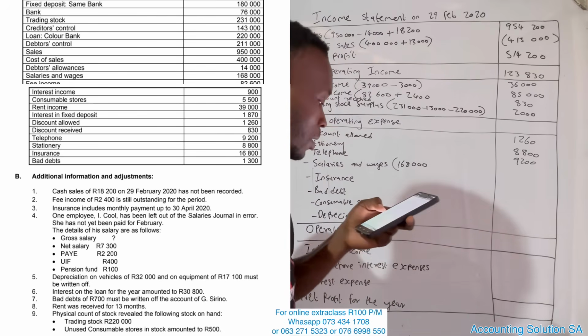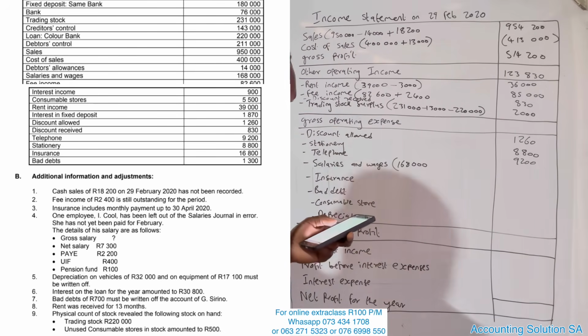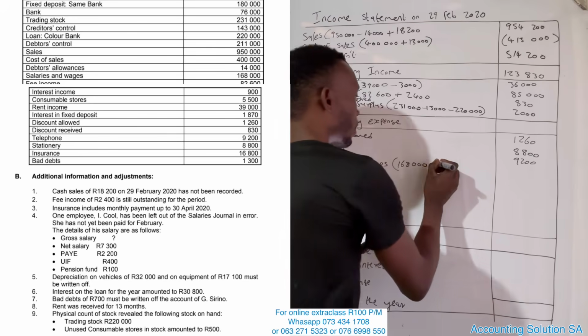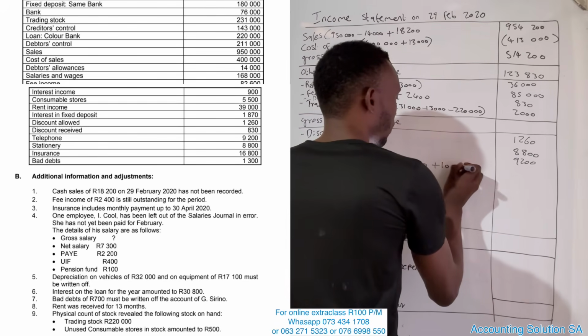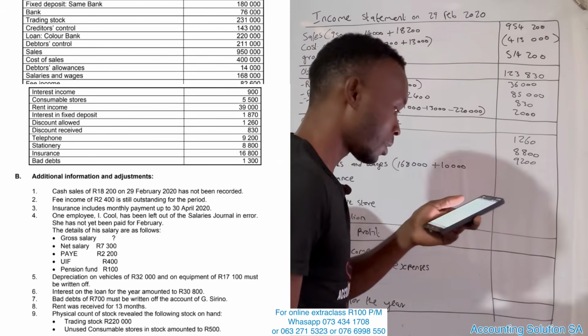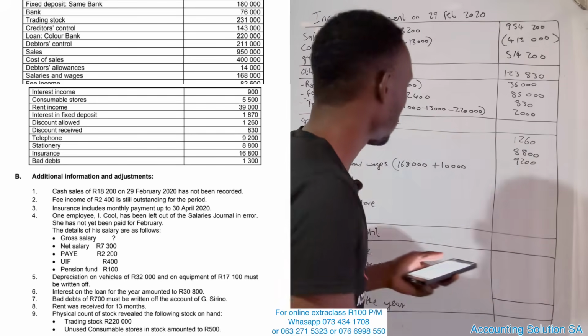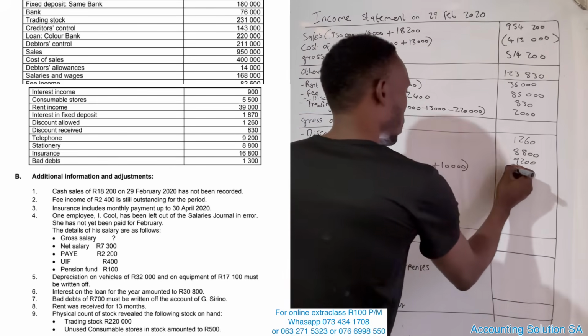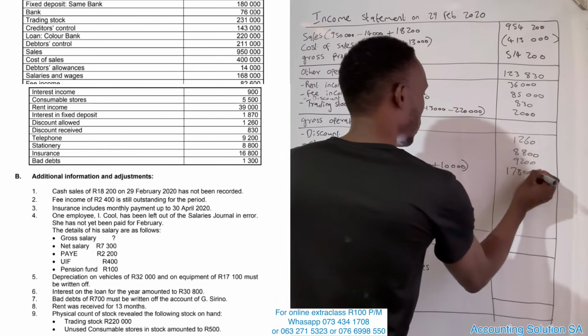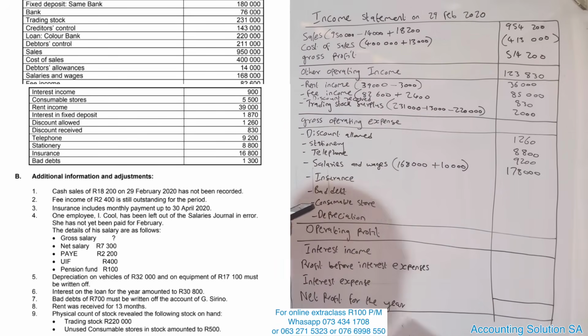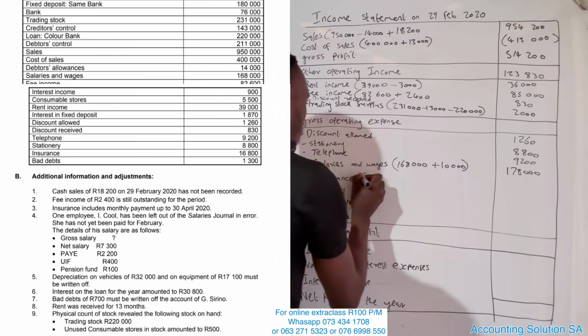If you add 7,300, 2,200, 400, and 100 rand, it's going to give you 10,000. Simple. And it's going to give you 178,000 this side. Okay. Now let's go to insurance. The insurance amount that was given was 16,800.